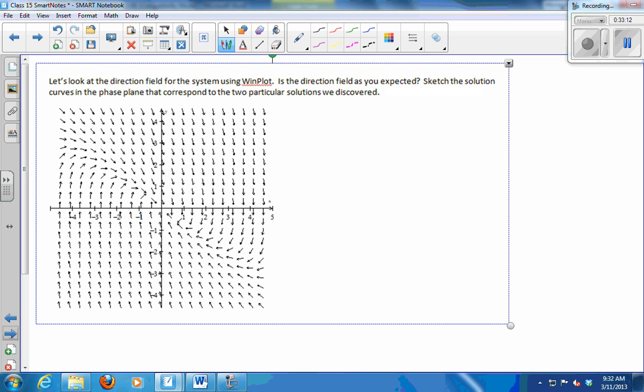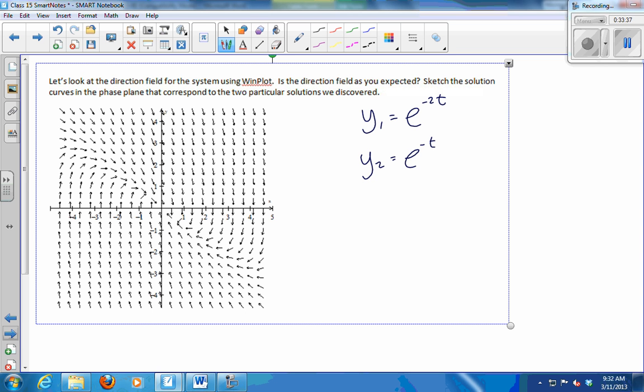So how do I do that? My two solutions, maybe I'll write them down. Remember, y1 was e to the -2t, and y2 was e to the -t. So we have to get the initial condition, and then we can just trace the curve.